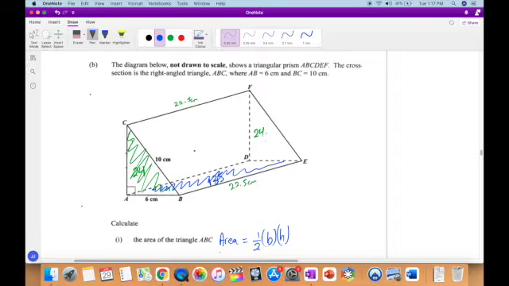The area of the back, this back face over here, is going to be 22.5 times 10, which is 225 centimeters squared. And then that is going to be the same as this area of this face here, which will be the 22.5 times 10, which is 225 centimeters squared.